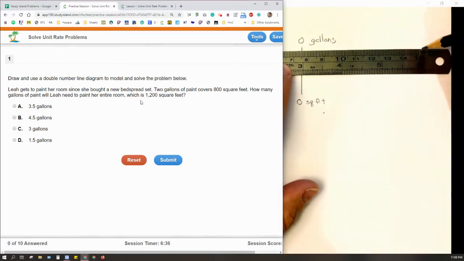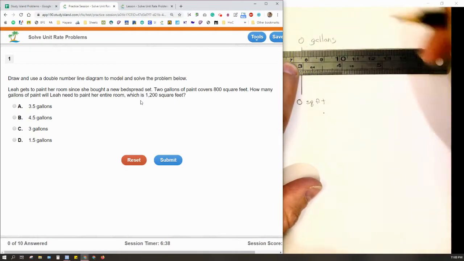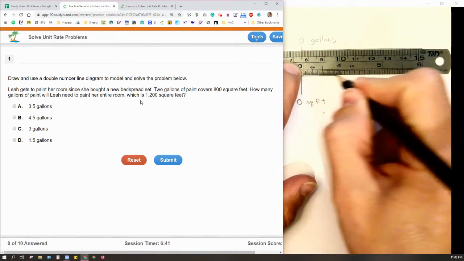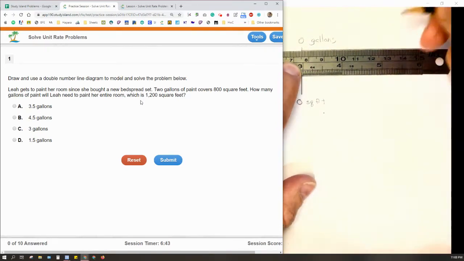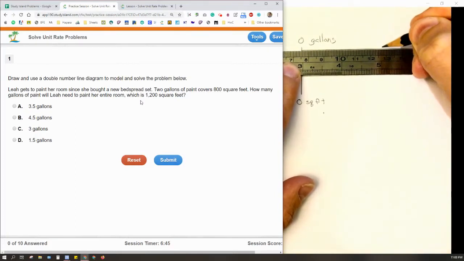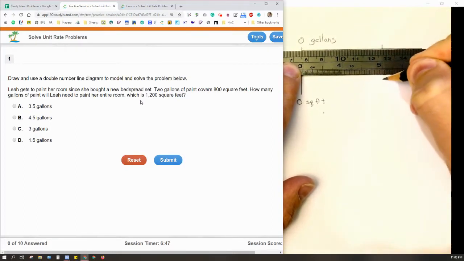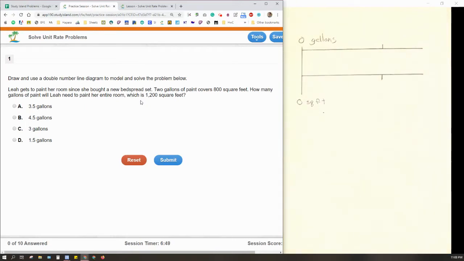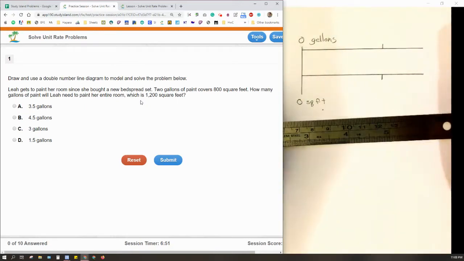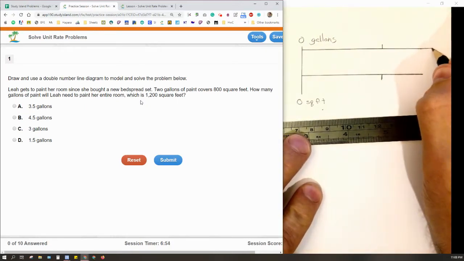Here we go. And the bottom one. And we'll put a line on here. Okay, so let's say these are our number lines. We should extend them a bit further.